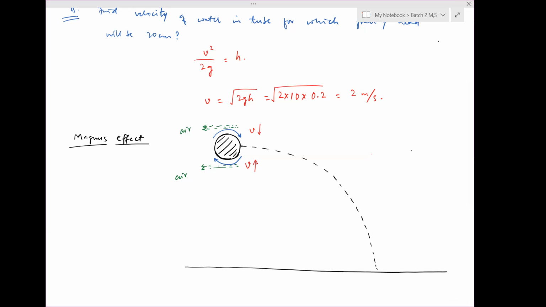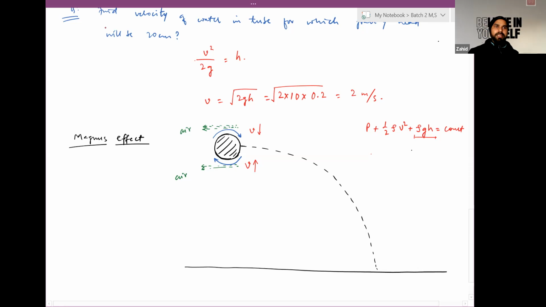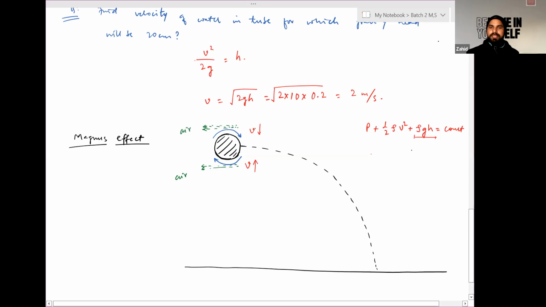Yes, sir. Now, according to Bernoulli's principle, pressure plus half rho v squared plus rho gh is constant at any instant for the flow of liquid. Let's say height is constant for this particular ball. So there will be change in velocity and correspondingly pressure will change. At the upper point, velocity is decreasing.